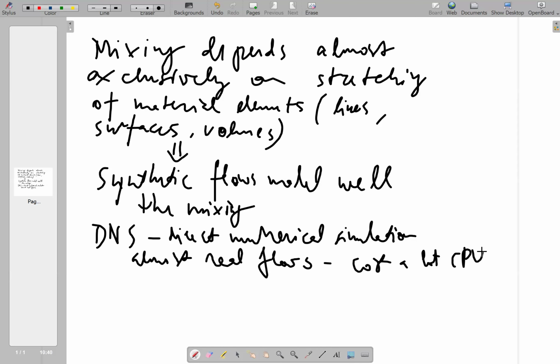So with synthetic flows, you know exactly what the properties are.